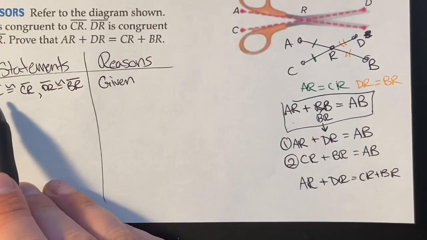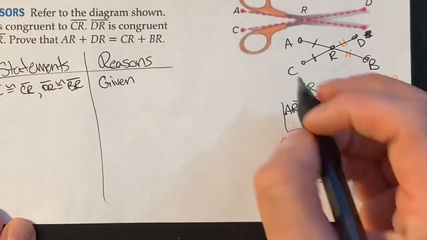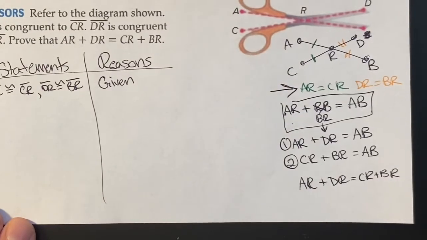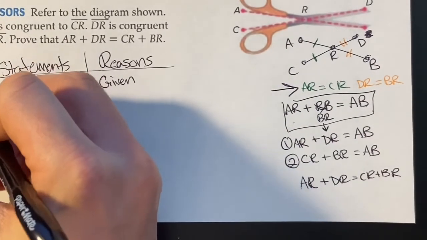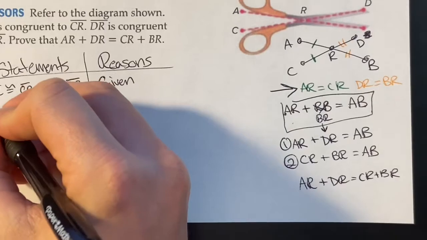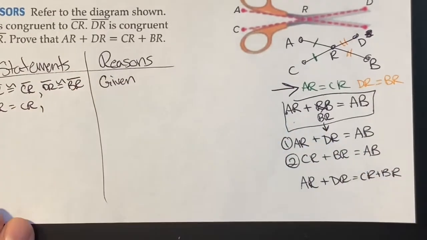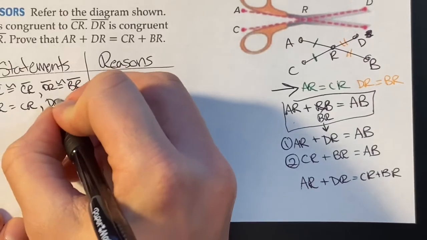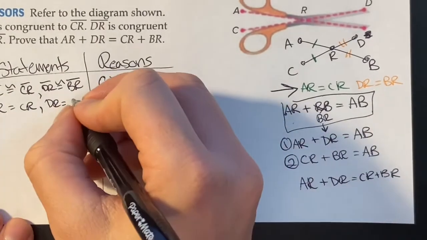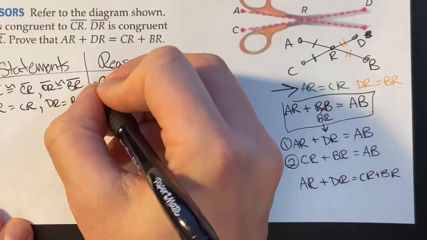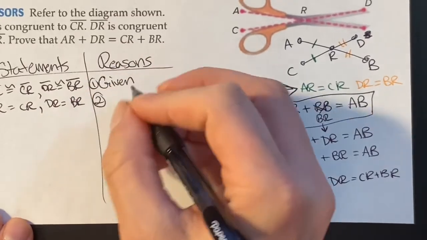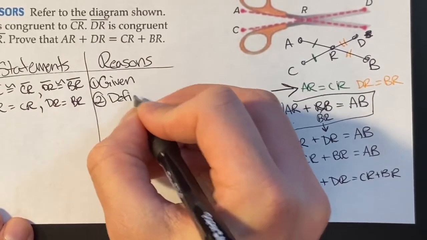Because I'm giving blah is congruent to blah and blah is congruent to blah, that's what allows me to say that phrase right there. So 2 is going to be AR equals CR and DR equals BR. And that is the definition of congruence.